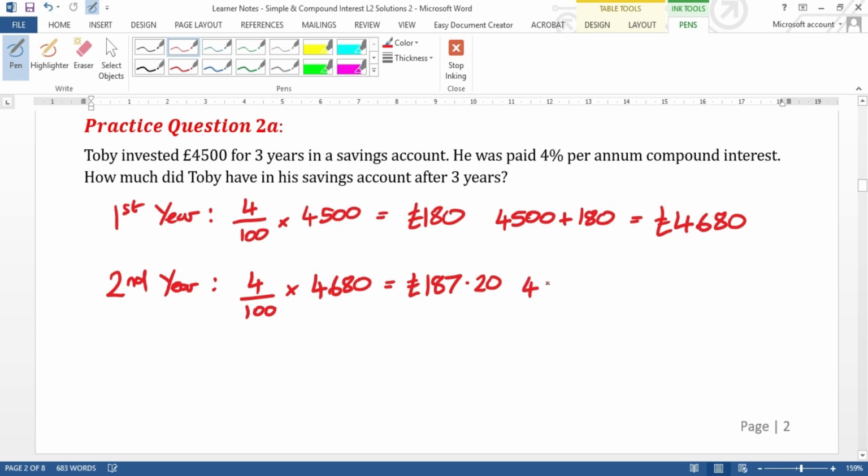So 4,680 plus 187.2 gives me, at the end of year 2, £4,867.20.